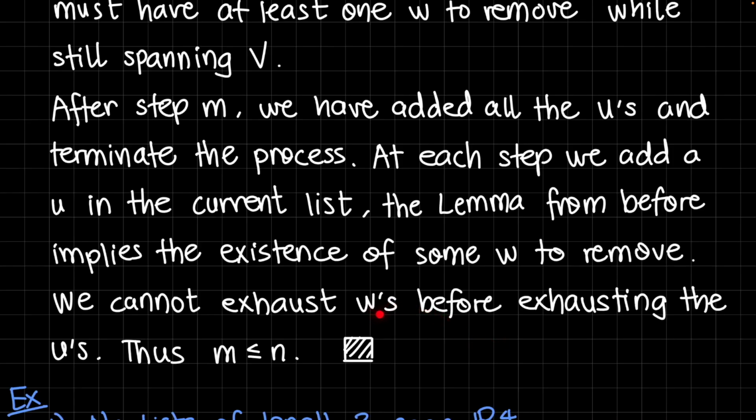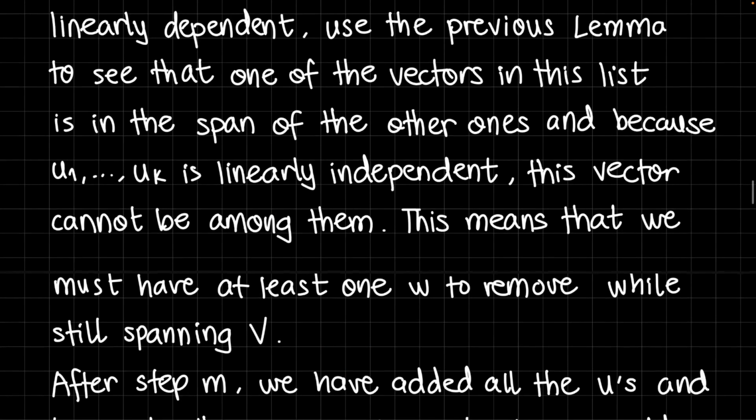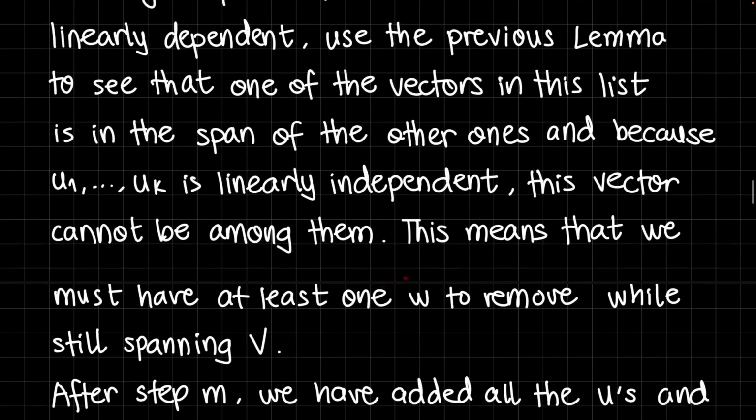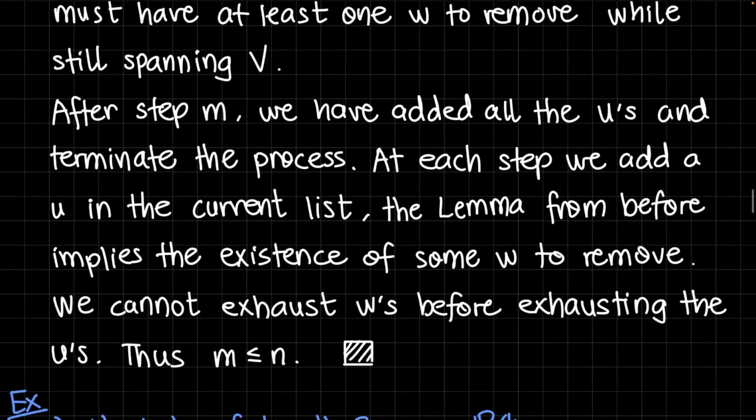Because if we run out of w's, then we violate the linear dependence by adding a new vector and the spanning property. So that means that m is less than or equal to n, where m is the size of the linearly independent list and n is the size of the spanning list.